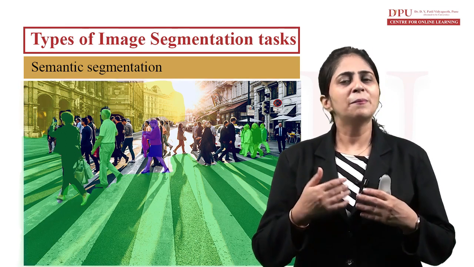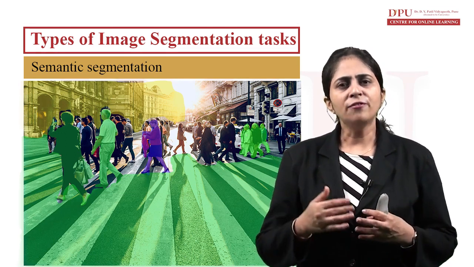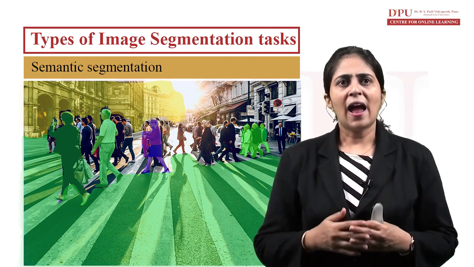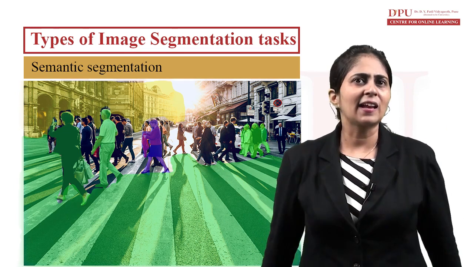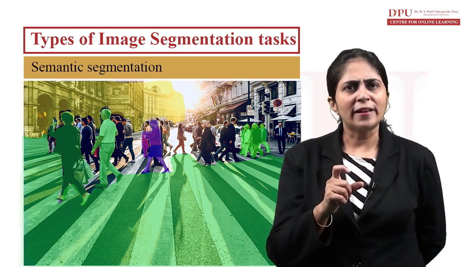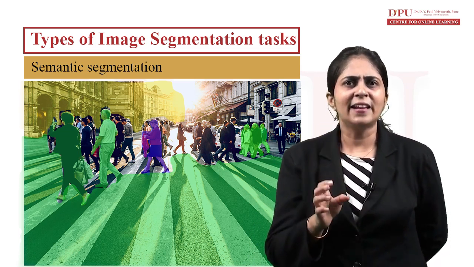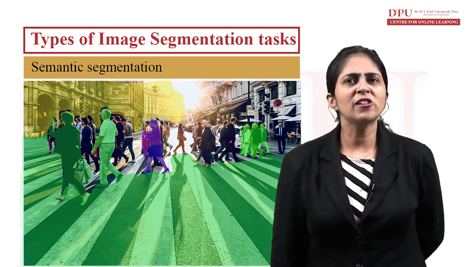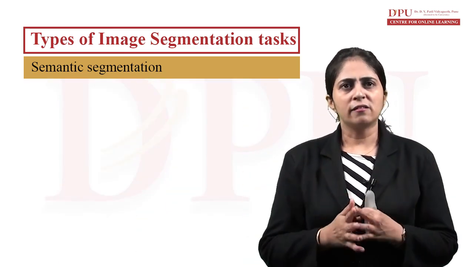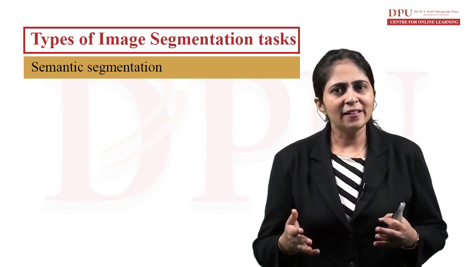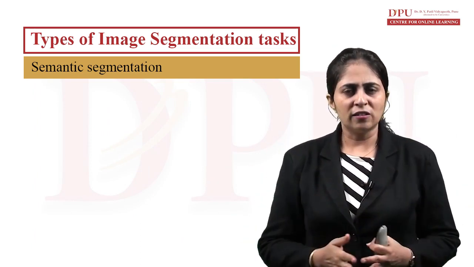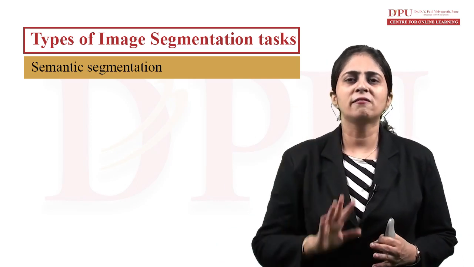This would be semantic segmentation if the model predicts the entire crowd region as belonging to the pedestrian class. This provides very little in-depth detail or information about the image.